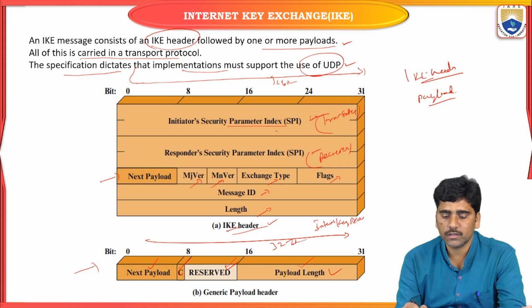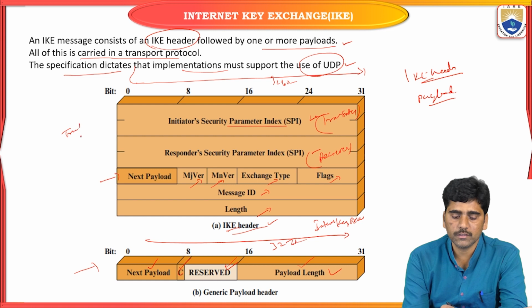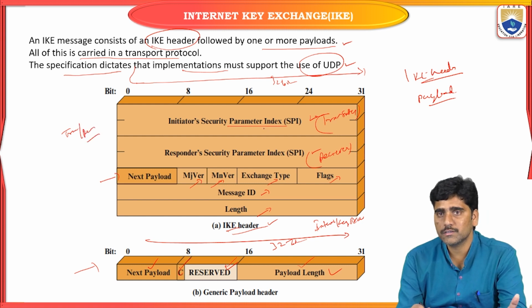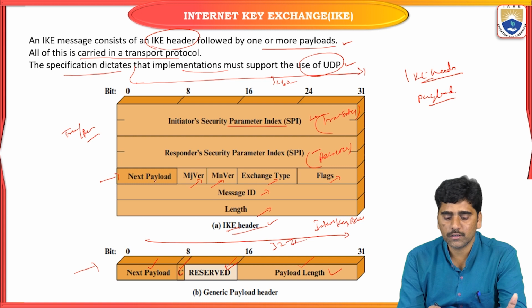The first one is the security parameter index for both transmitter as well as receiver: the initiator's security parameter index and the responder's security parameter index. And the remaining fields are next payload field, major version field, minor version field, exchange type field, flags, message ID, and length field. So these are all IKE header fields.